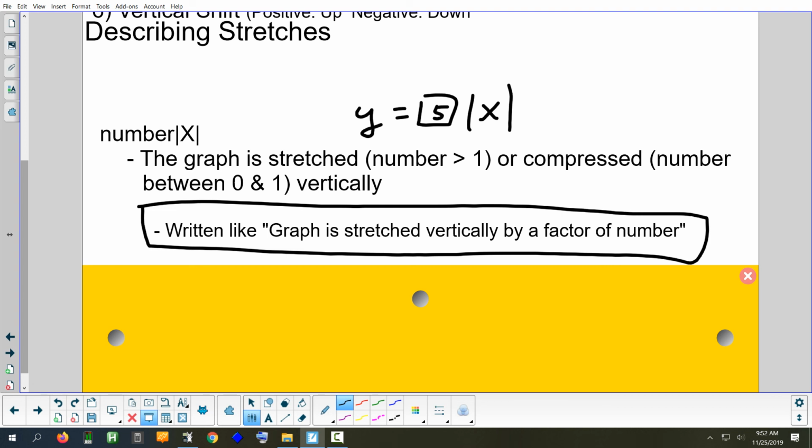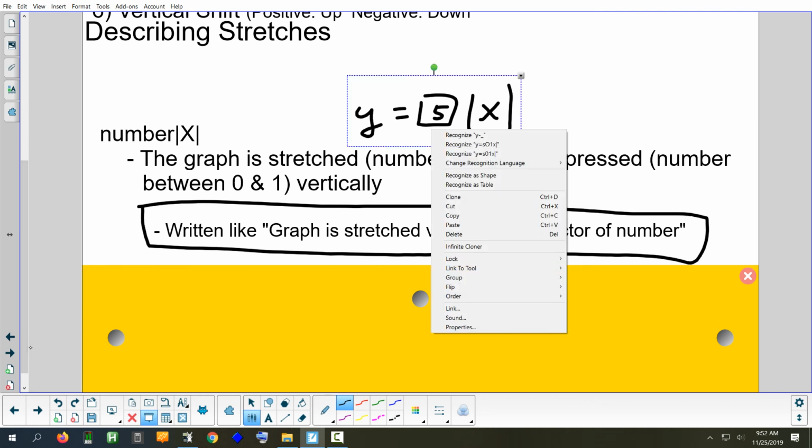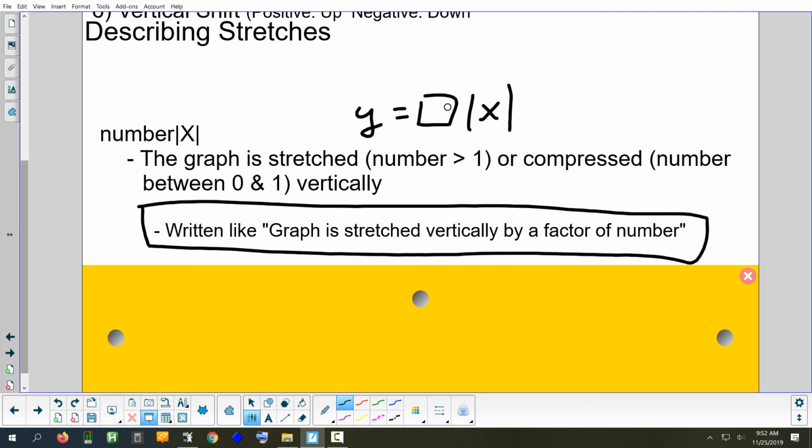Graph is stretched vertically by a factor of, in this case it would be 5. If this was a 2, I would say something like graph is stretched vertically by a factor of 2. Right? That just tells you how much it's stretched. Okay? So that's how we describe the number in front.